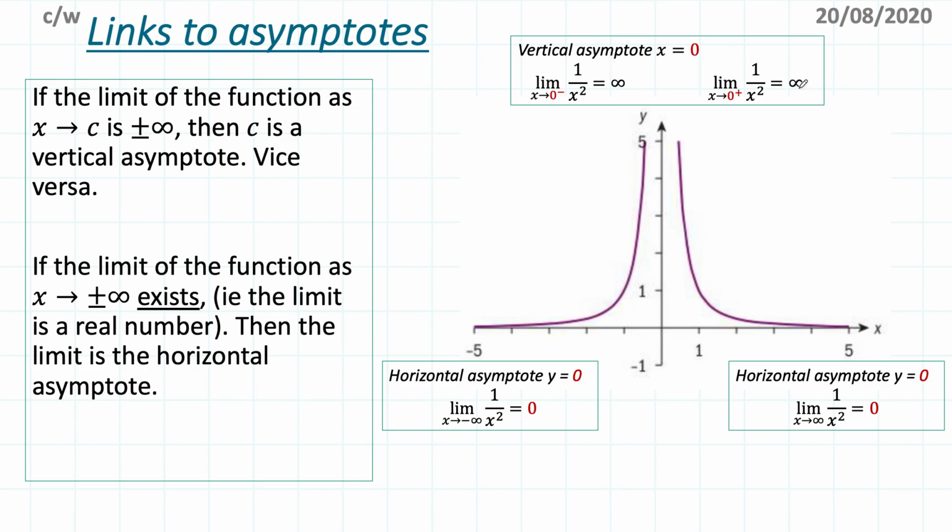So the limit exists here because the right and left limits match. And the limit exists, therefore this 0 is now your vertical asymptote. So if the limit at a certain value is infinity, then this value is the vertical asymptote, and vice versa.